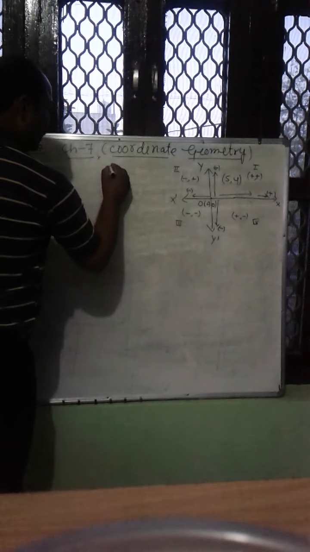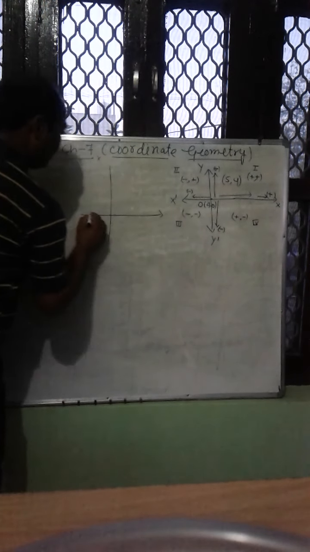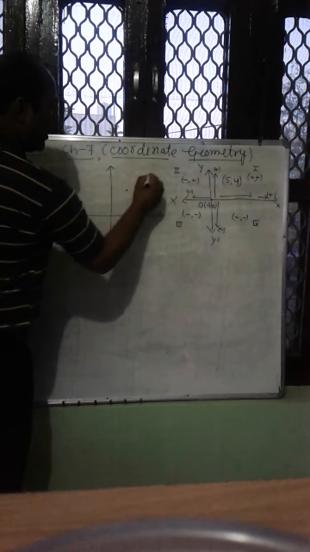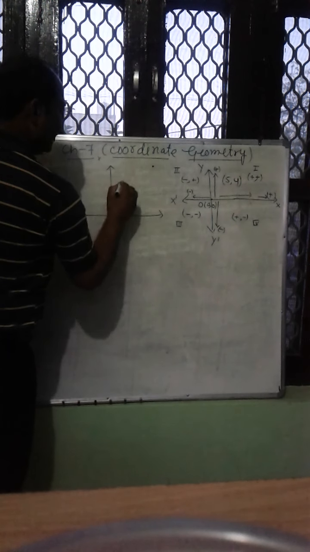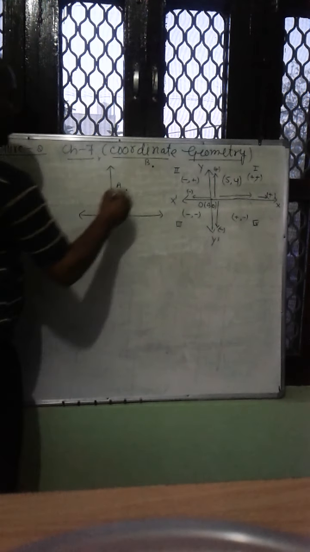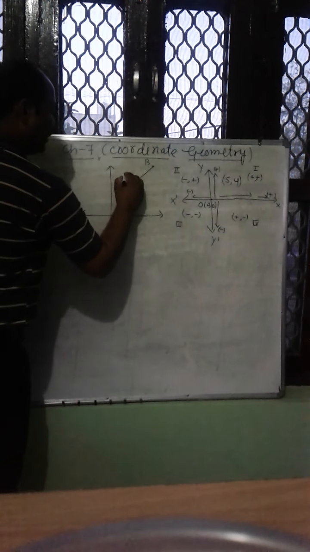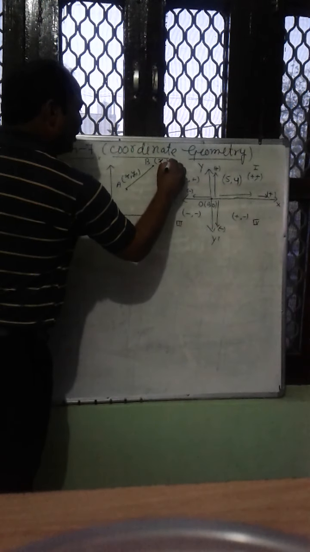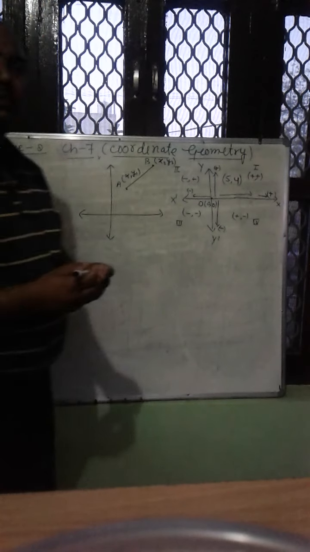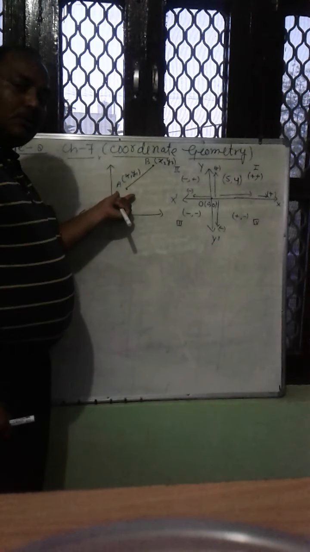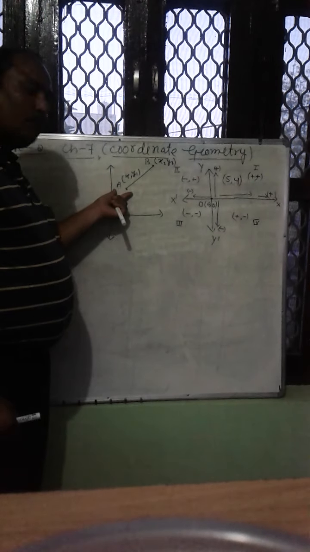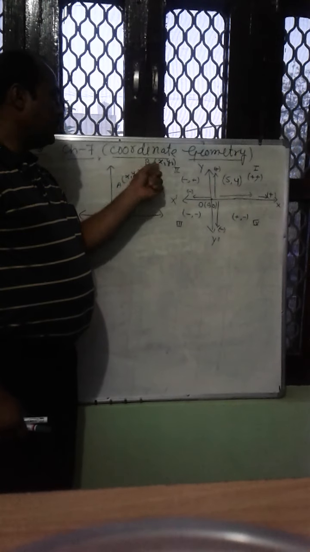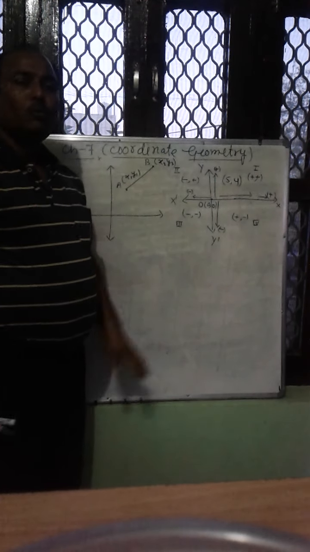For example, in this other diagram, this point is A and this point is B. The coordinates of point A are x1 comma y1, and the coordinates of point B are x2 comma y2.